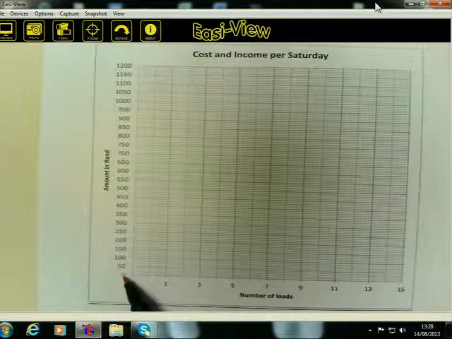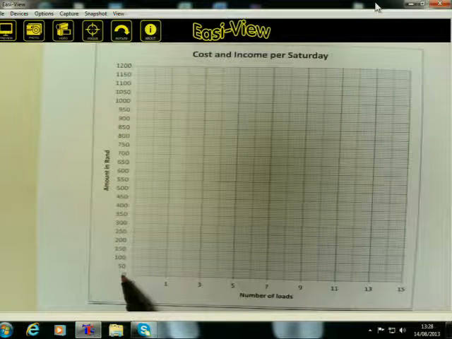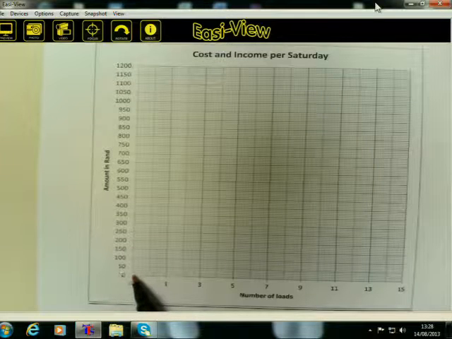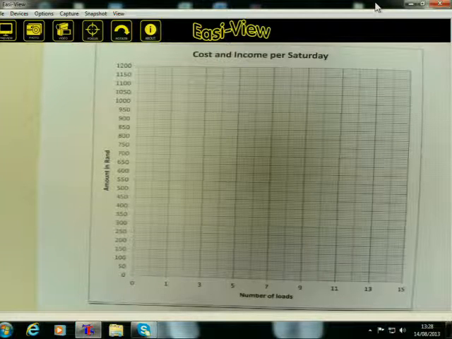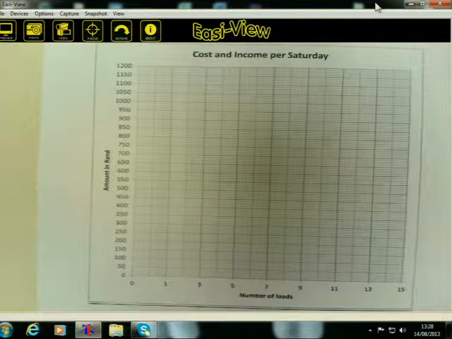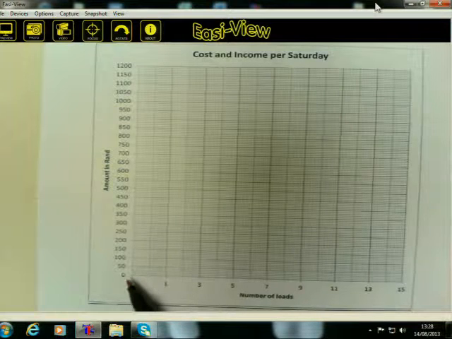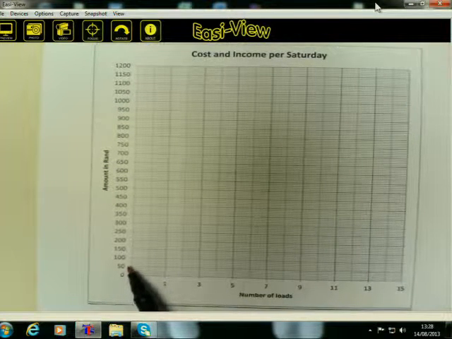Let's look at the first one. It's 0 to 50, and between 0 and 50 we have 1, 2, 3, 4 minor grids. Each minor grid is actually 10, which means it's 0, 10, 20, 30, 40, and then 50.